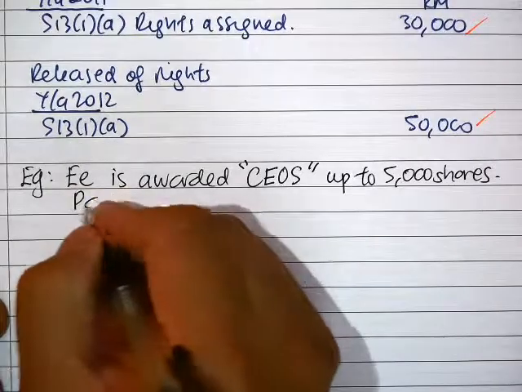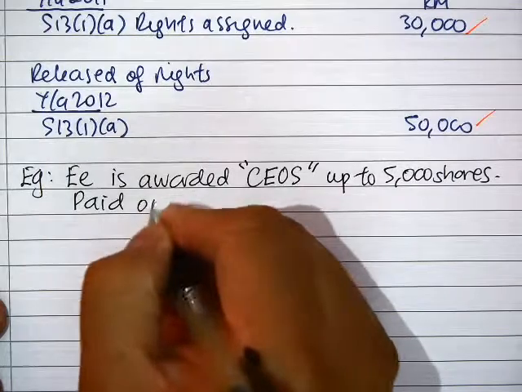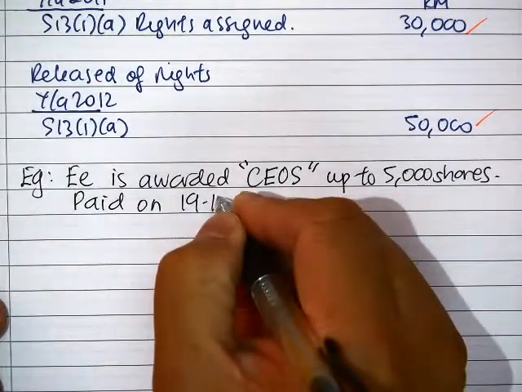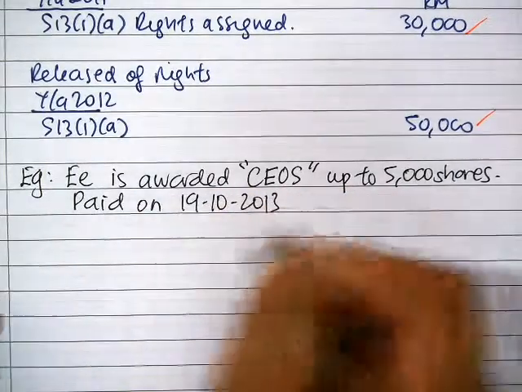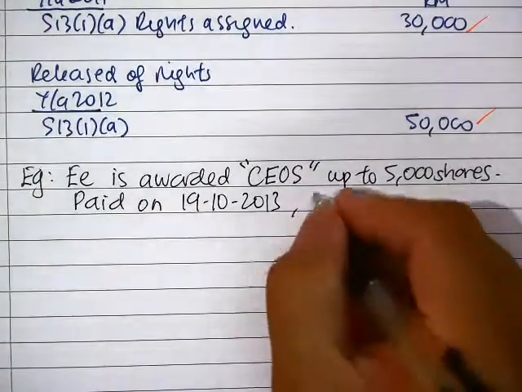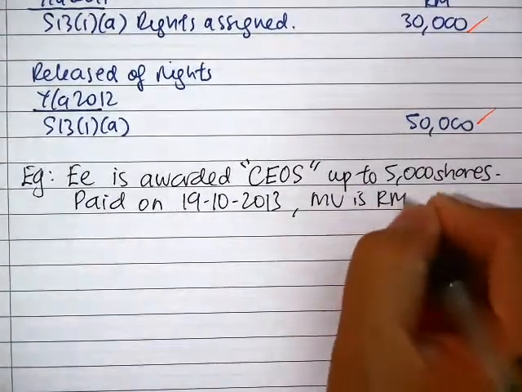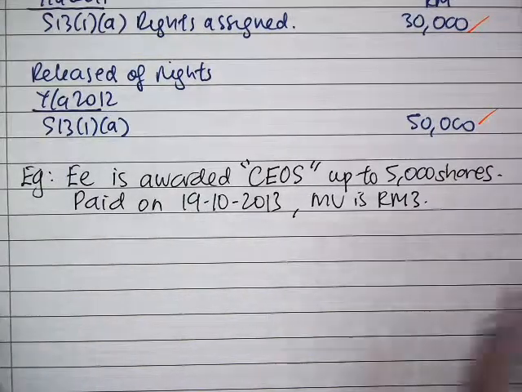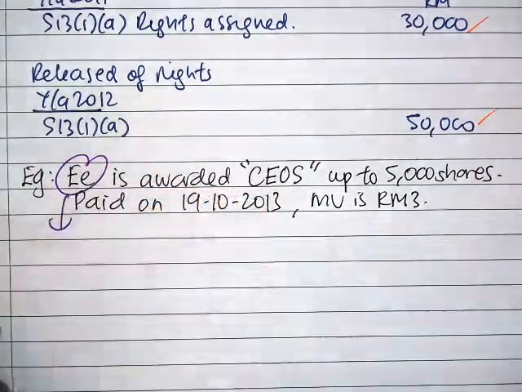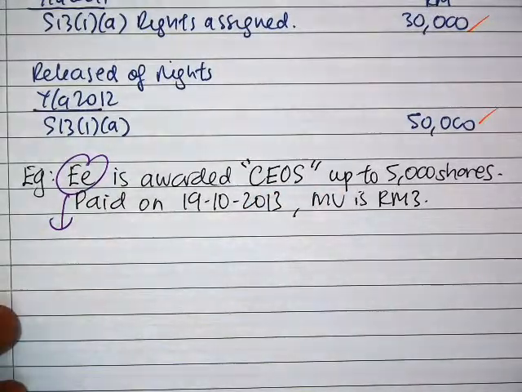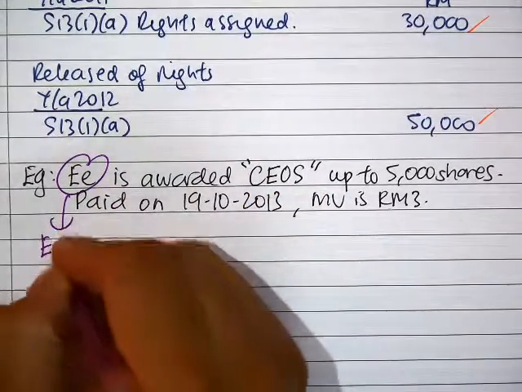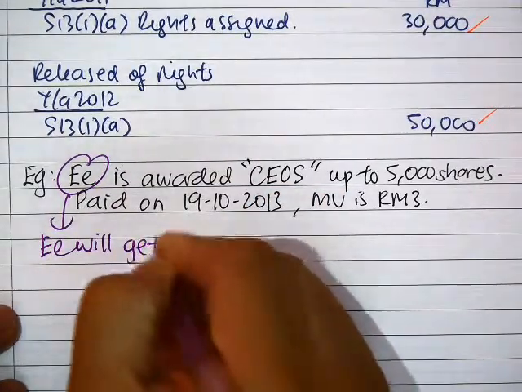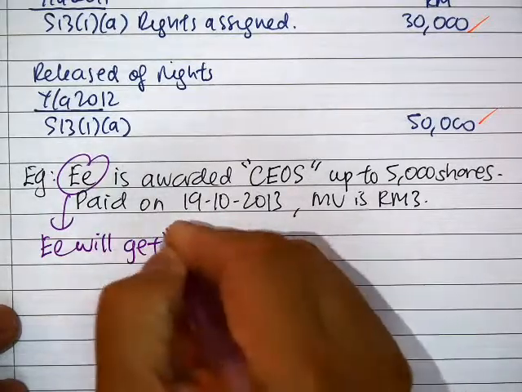Now the amount is paid on, let's say, 19th of October 2013. So at that time, market value is 3 ringgit. Now effectively, the employee will not get share, right? Cash equivalent of share. So the employee will get cash, correct or not?